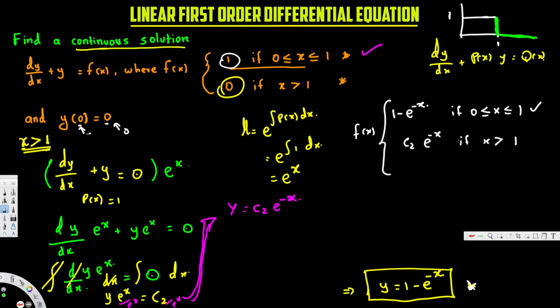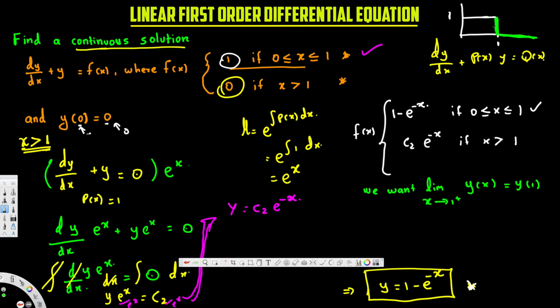If it's equal, then this is continuous, so we can solve for this one. That's what we need, because they are asking to find a continuous solution. So first I had to prove that the limit as x approaches 1 from the right hand side of y of x is equal to y of 1, because the discontinuity occurs at y of 1, right? So at that point we have to show that.